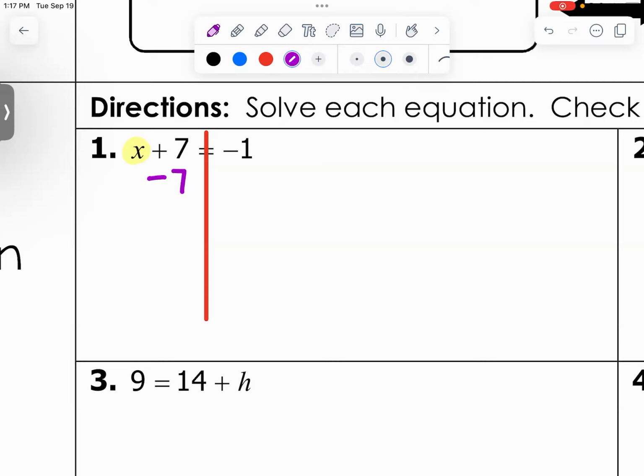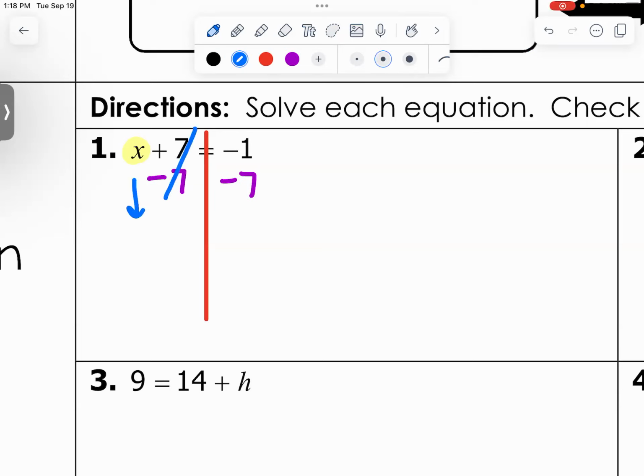But whatever we do to one side, we also have to do to the other side. Get your pink pass out. So what is 7 minus 7? These go away, right?